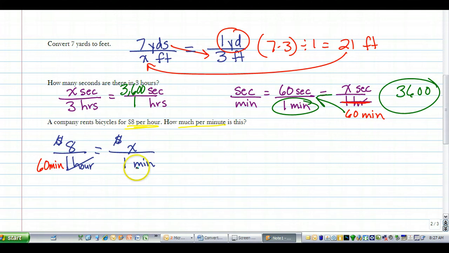Okay, so I have 8 times 1 is 8 divided by 60. Excuse me, 8 times 1, crisscross multiply, 8 times 1 divided by 60. Plug that into your calculator.